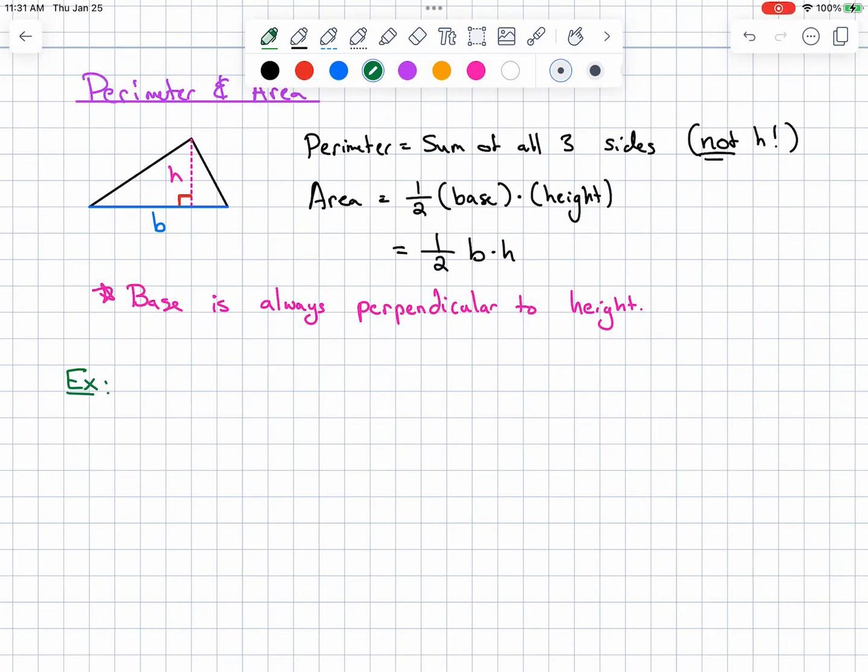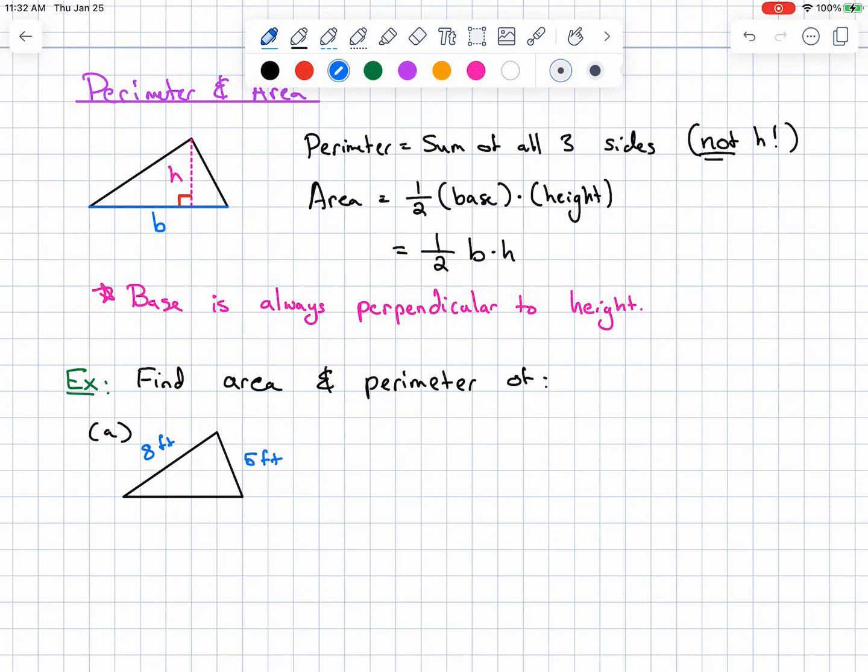So let's actually find area and perimeter. Part A will be this triangle. Once again, not drawn to scale. We don't need to worry about that. So it says 8 feet, 5 feet, and 11 feet. And then it has a dashed line here saying that that is 4 feet.